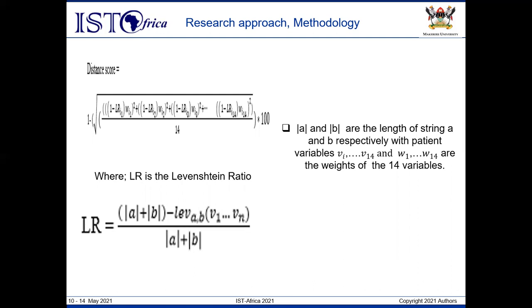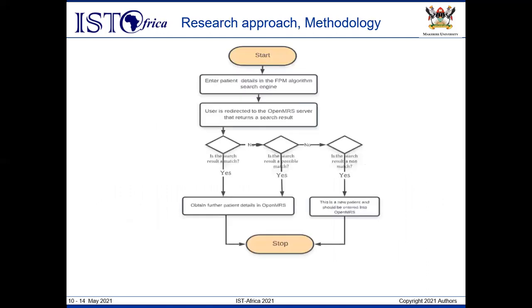Then divided by 14, which is the number of variables, times 100. Levenshtein ratio is the modulus of A and B, where modulus of A and B is the length of strings A and B, minus the Levenshtein distance of variable 1 to variable 14, divided by the length of string A plus the length of string B.